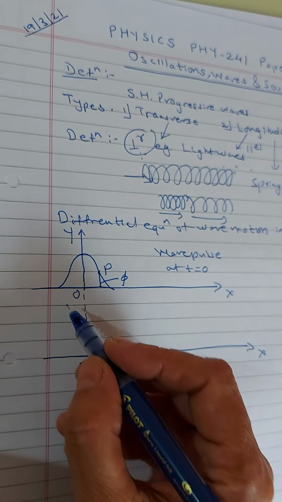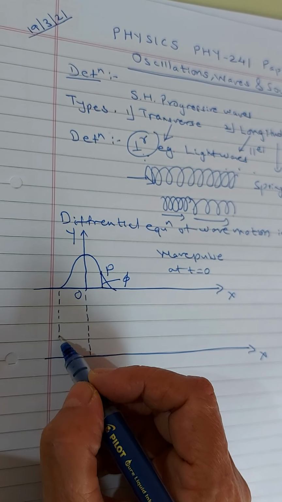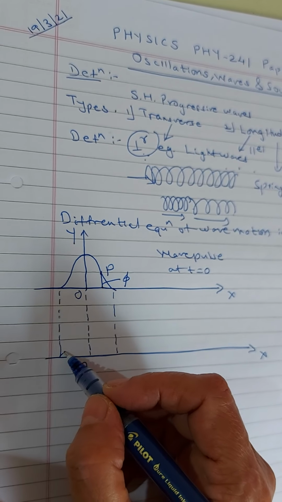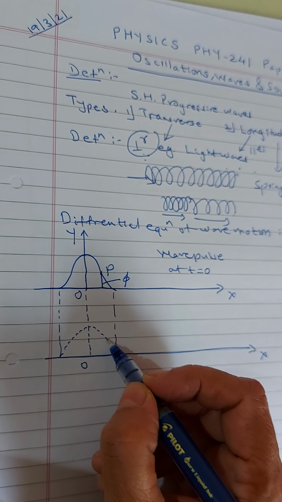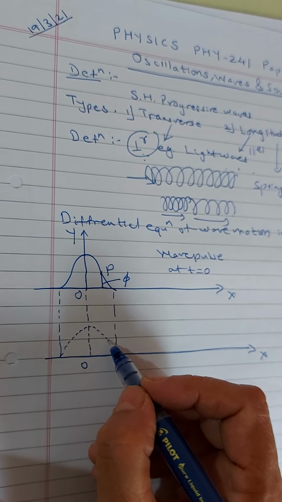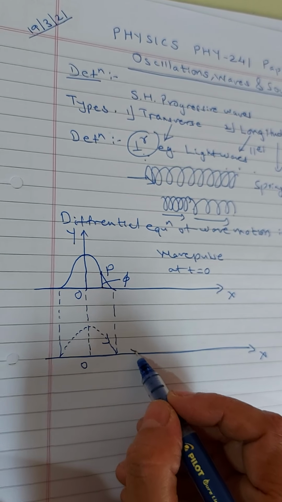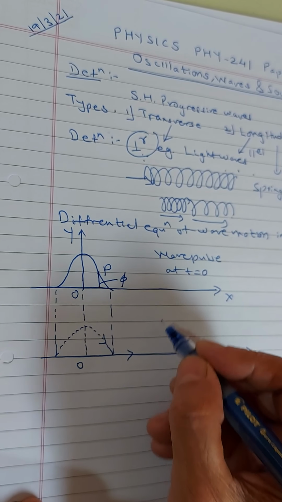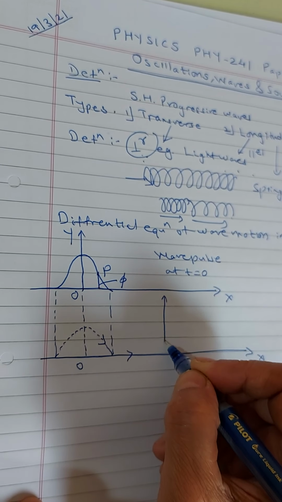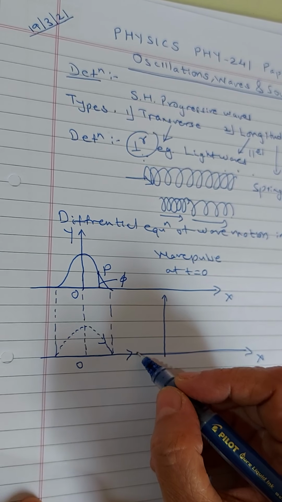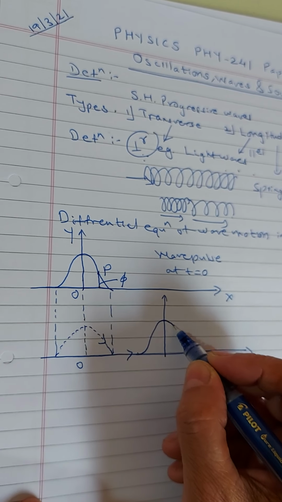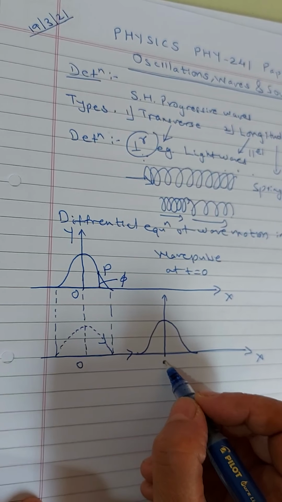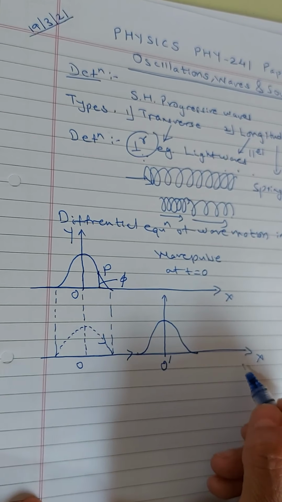So now I'll repeat this part over here, the first wave, in a dotted fashion. So this is my first wave. Then the repetition will be observed over here and I will get a waveform like this. So this is my new origin O dash, perfect.